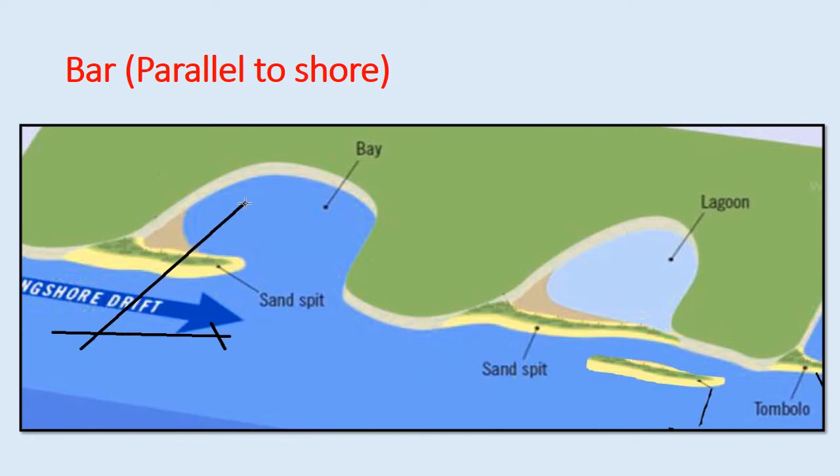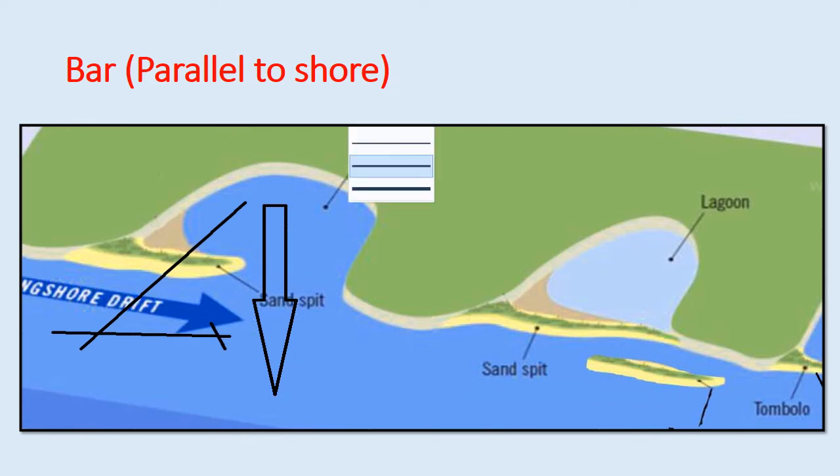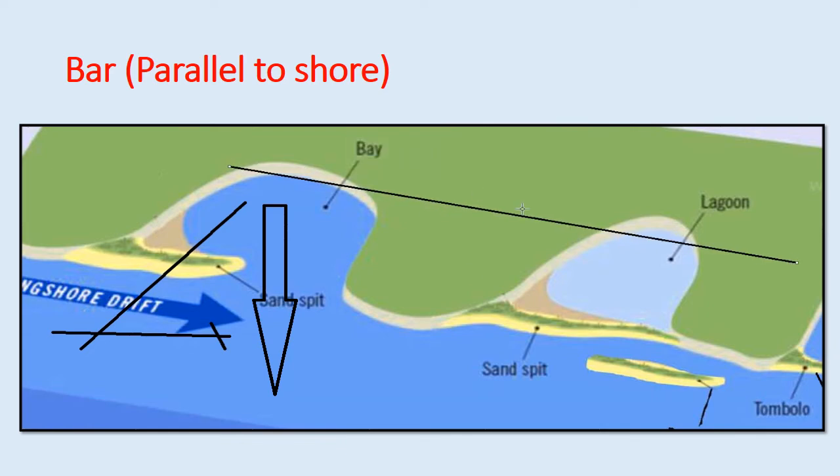Swash is coming, and this is the backwash, almost 90 degrees to the shoreline. Suppose this is the shoreline, almost a 90 degree angle. Then due to longshore drifting, the material moves parallel to the shore, along the shore.